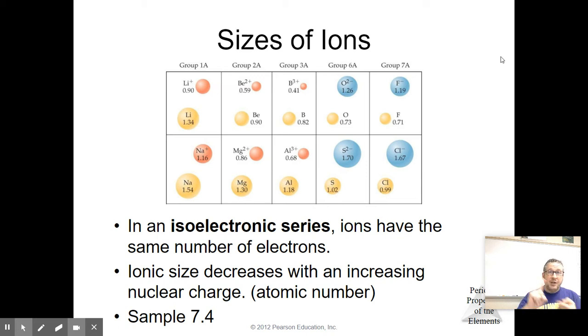So the higher the atomic number in the group, the smaller it's going to be. And vice versa, the smallest number of the group in terms of atomic number, the larger it will be.